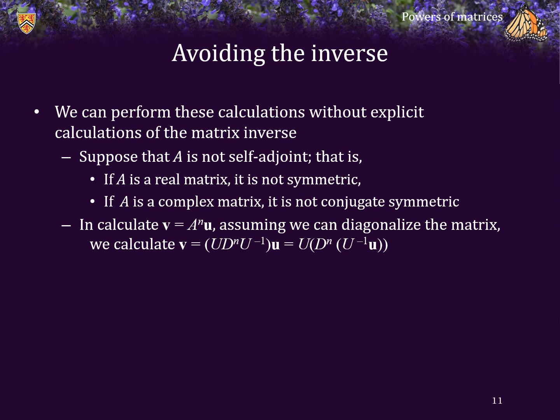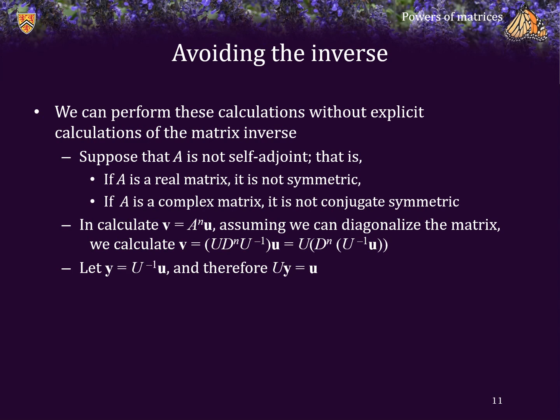All of this is times the vector u. However, using associativity, we can rewrite it as follows. First, calculating the inverse of the eigenvector matrix times the vector u, and then, and only then, multiplying that by D to the n times the matrix of eigenvectors.